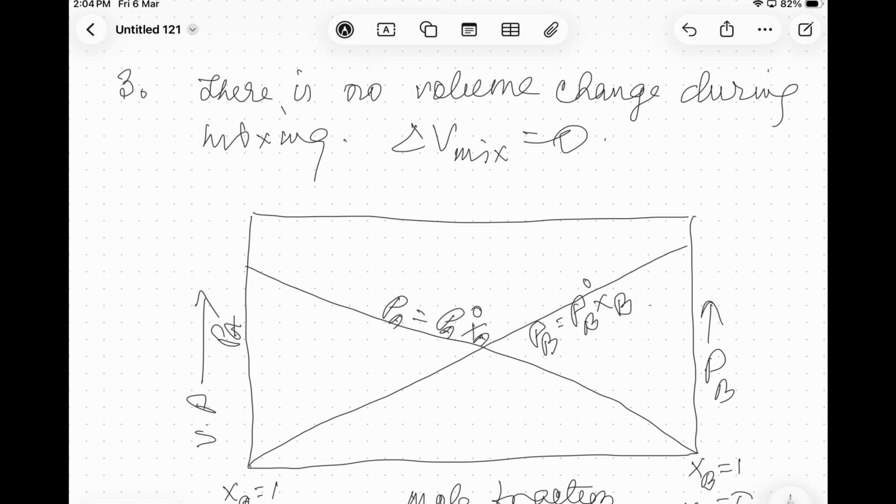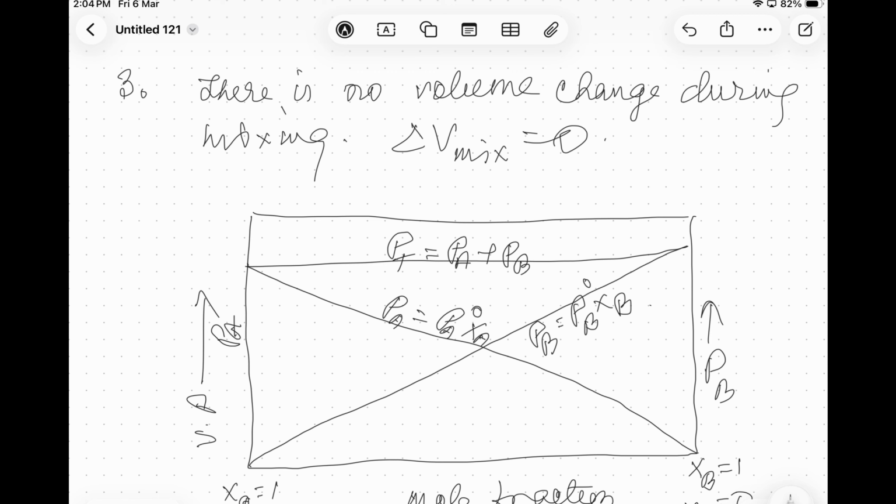This one is PT graph, PT, which is equal to PA plus PB. This is the graph of ideal solution.